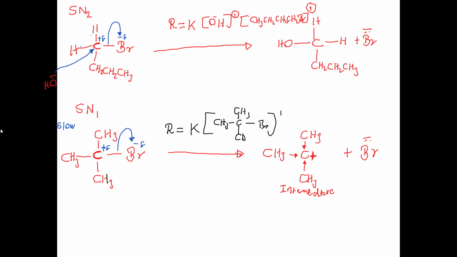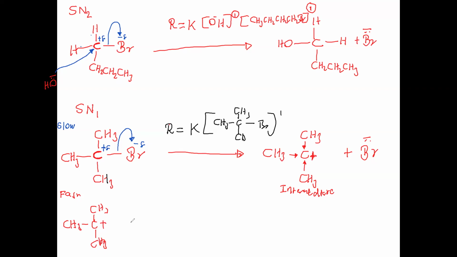Let's see what happens after this. Step 2 is a fast one, because now our intermediate is unstable. Now it wants to neutralize this plus charge. So in the second step, the fast step, our OH minus ion will get attracted towards this intermediate carbocation, CH3, C, CH3, CH3, with the plus charge.